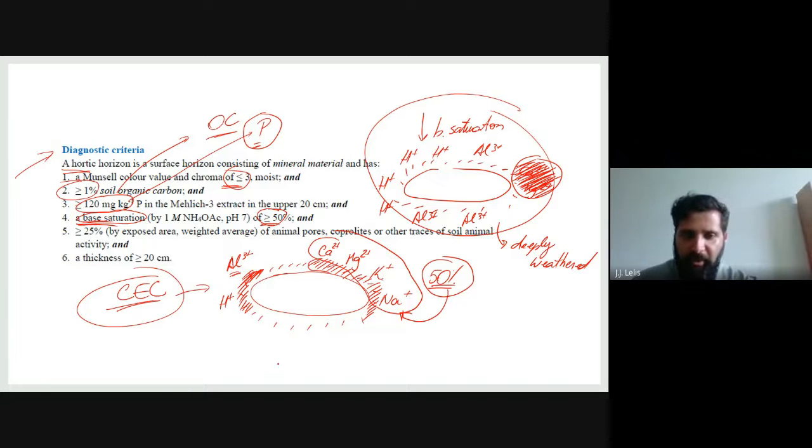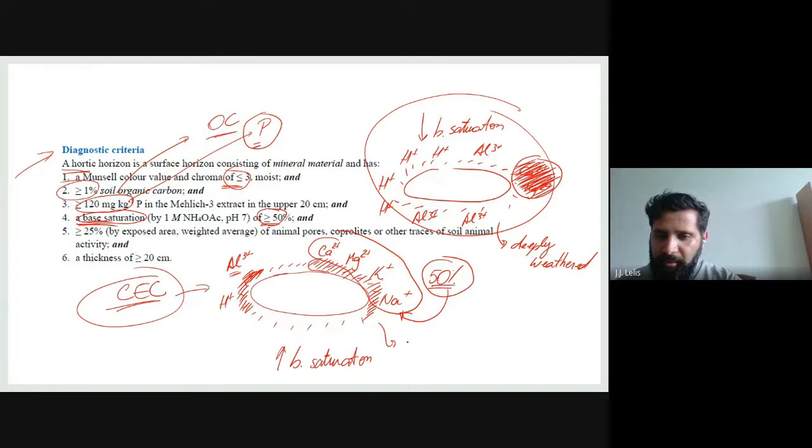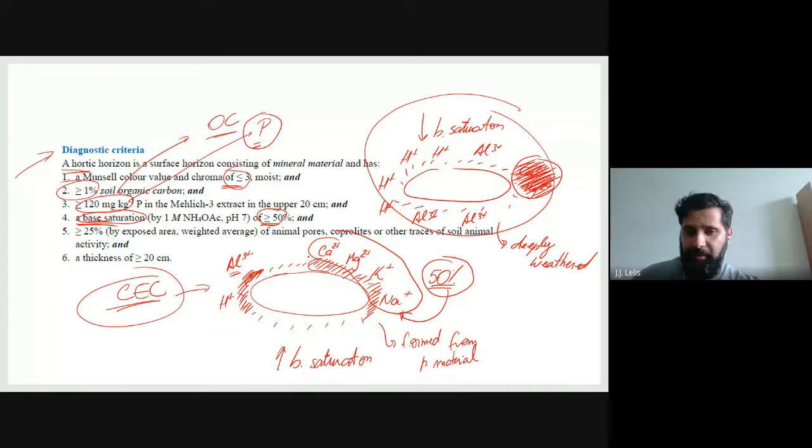And if I have a high base saturation, it means that this soil was formed from parent material that's rich in bases, like basalt or gabbro or other rocks, and this soil has incipient weathering, incipient leaching of these bases.